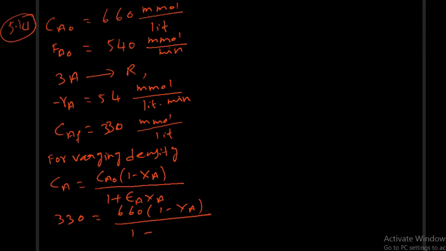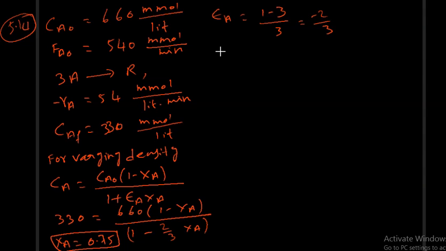So what is epsilon A? As per the stoichiometric equation, epsilon A is equal to (1 minus 3) divided by 3, which is equal to minus 2 divided by 3. Just substitute here, minus 2 by 3 into Xa. From this, we get Xa equal to 0.75.